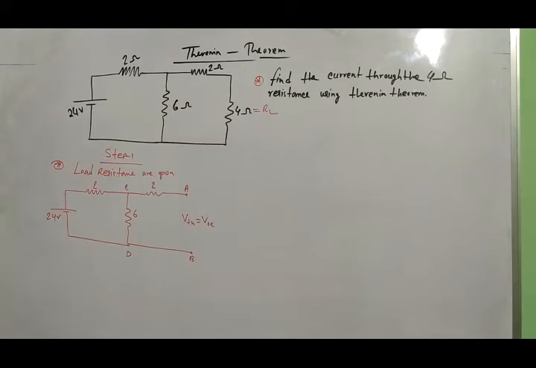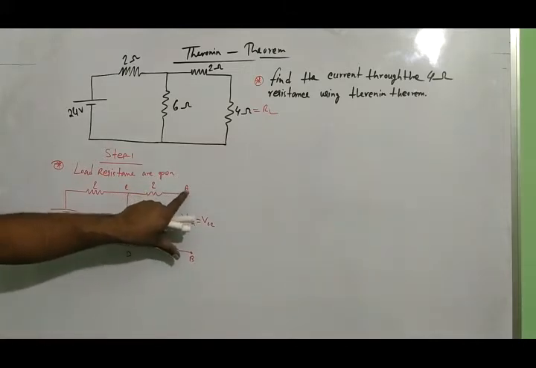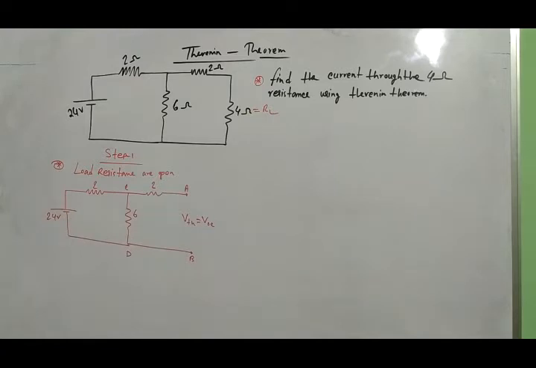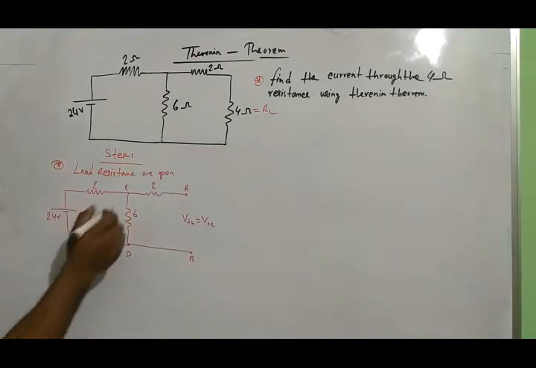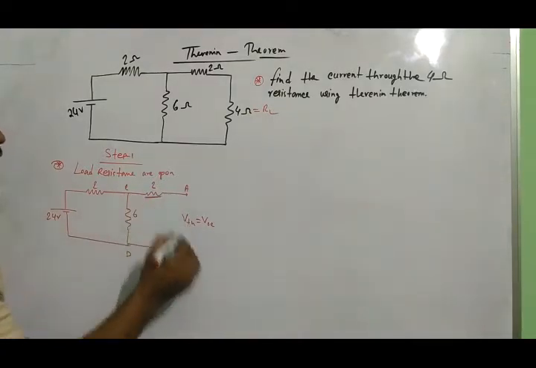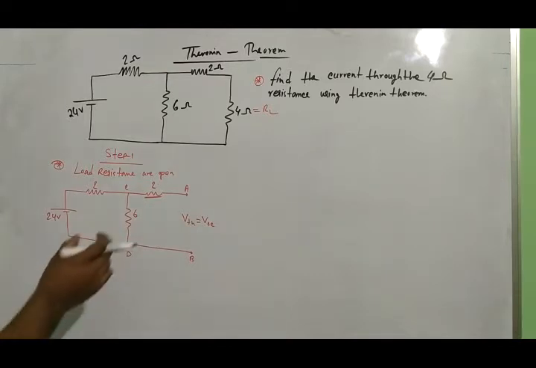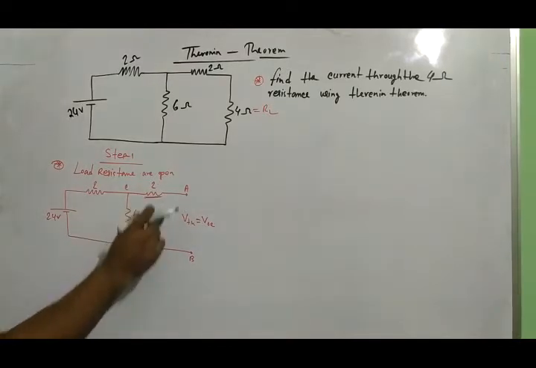So we can say that open terminal voltage, AB point voltage, equals CD point voltage. Why? Because these resistance drops are neglected or not existing. For this circuit, the drop across the 2 ohm resistance does not exist.